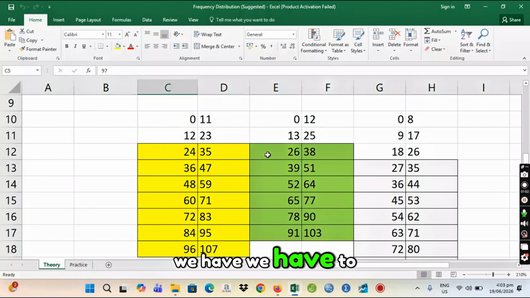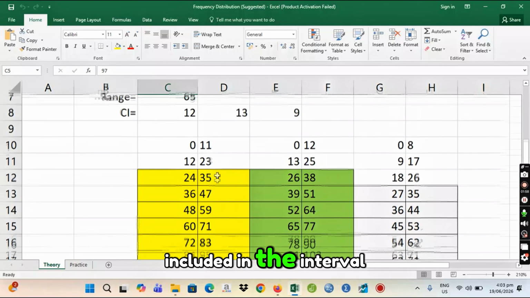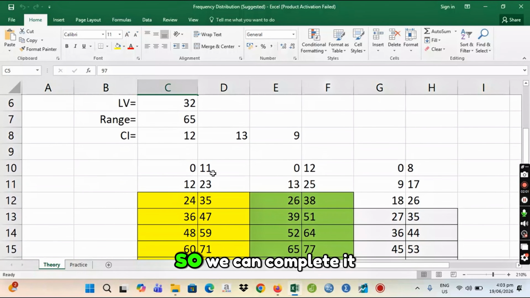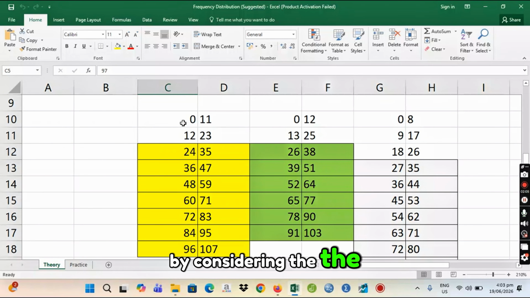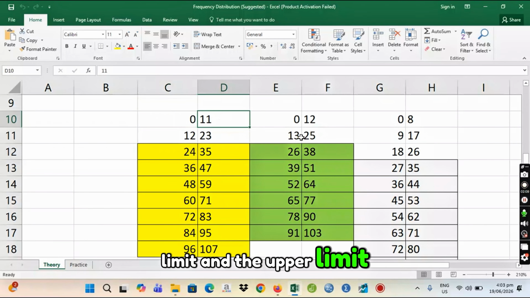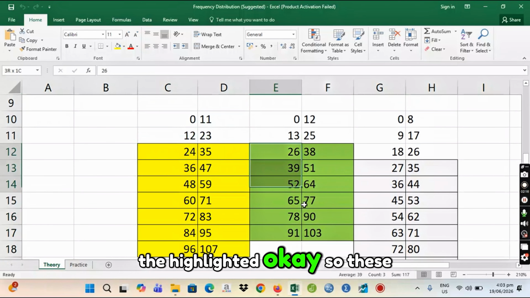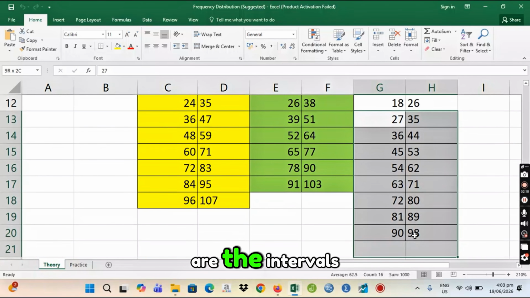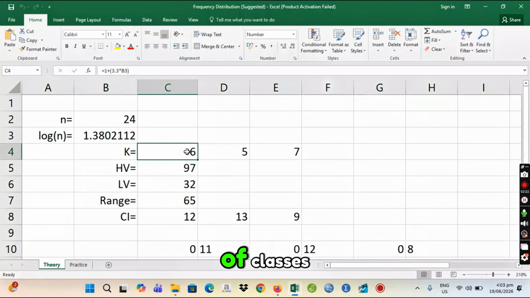We have to make sure that the values will be included in the interval. So we can complete it by considering the lower limit and the upper limit, and we can now consider the highlighted. These are the intervals.